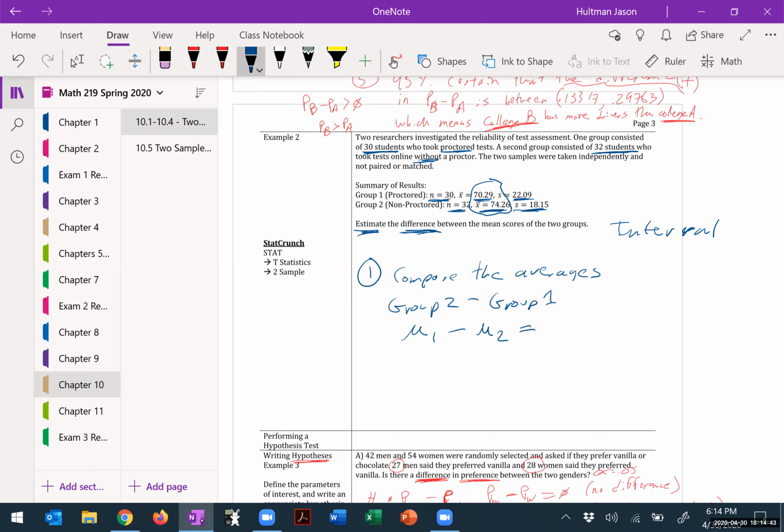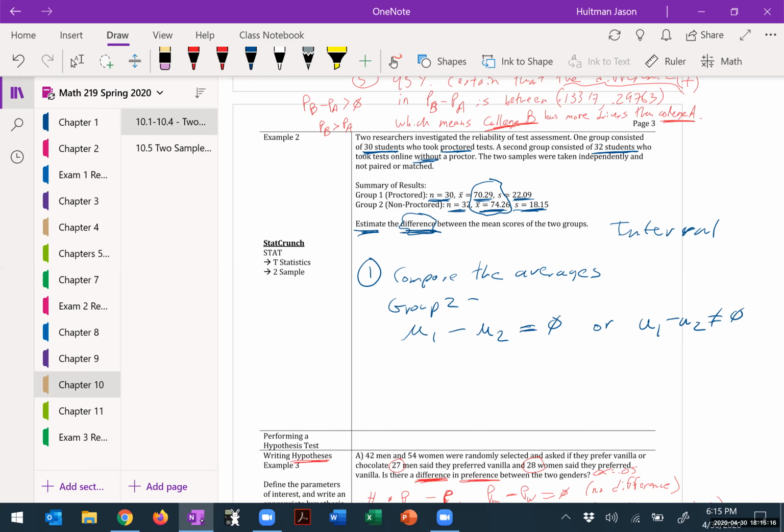So I want to estimate the difference between the mean scores. Are they equal to 0, or is mu1 minus mu2 not equal to 0? Is it different?